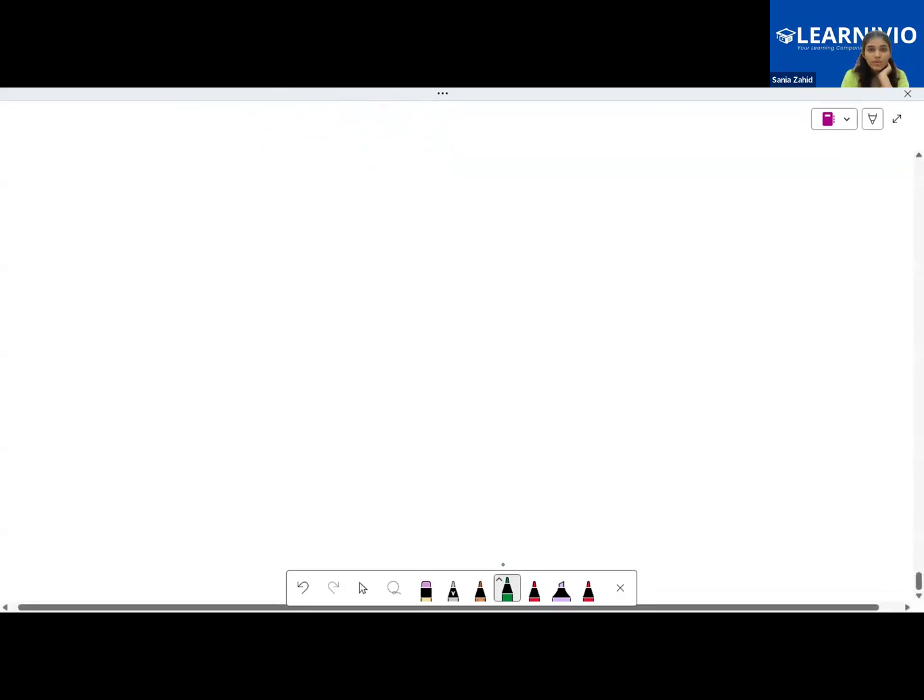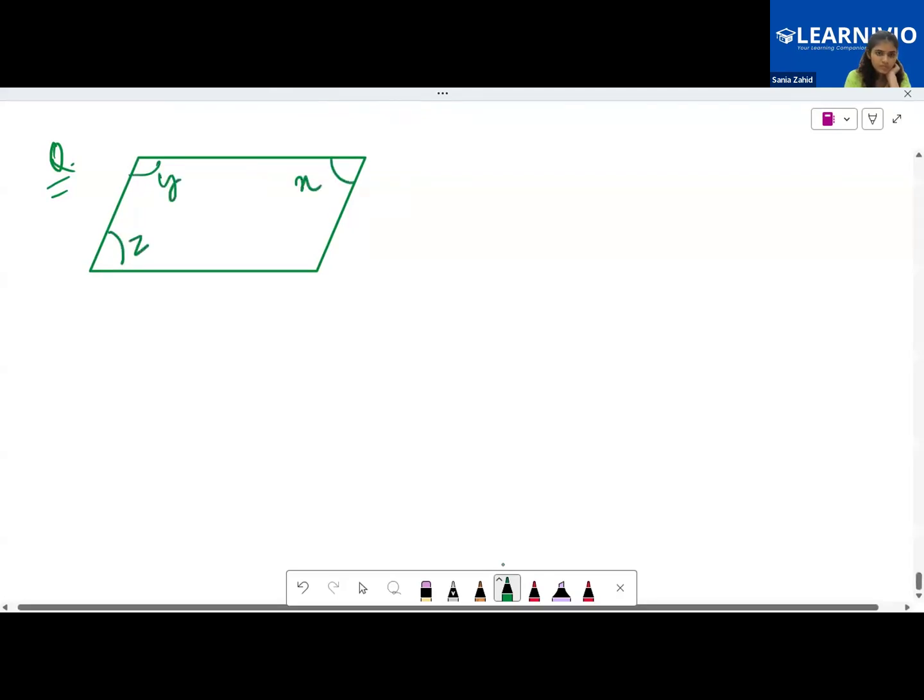Okay, so I'll draw a few parallelograms and you have to find the remaining values. Now what should we find? This is the first one.